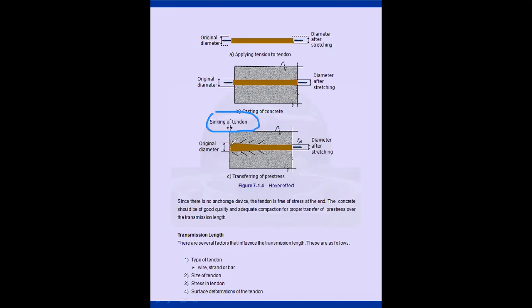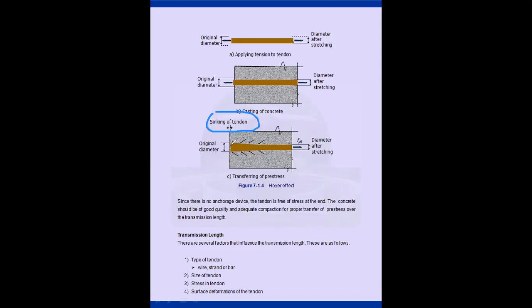In this pre-tensioning, this rod, this tendon, is squeezing your concrete. When your concrete is subjected to service load, it will be under equilibrium condition in spite of sagging, in spite of deflection. That is what we have to understand.